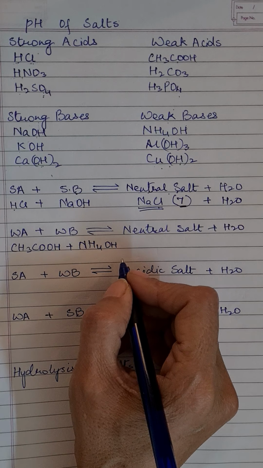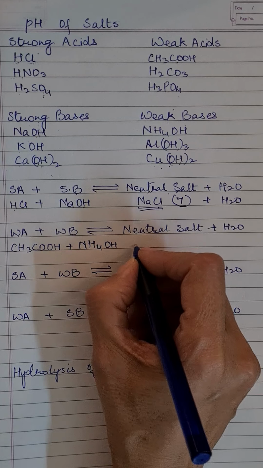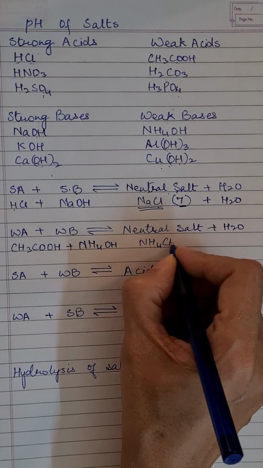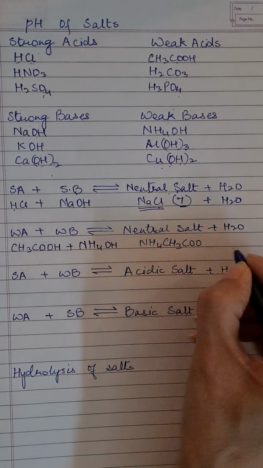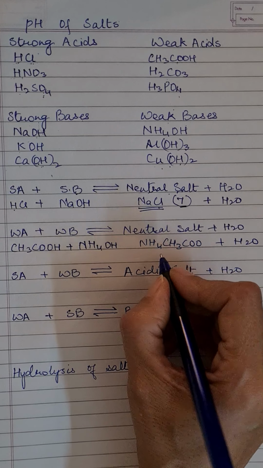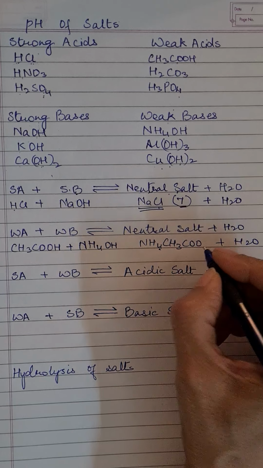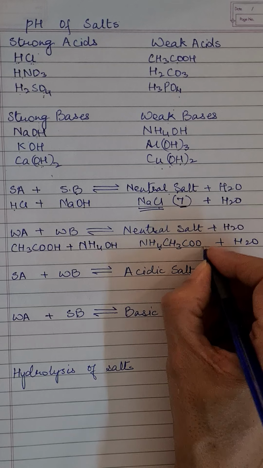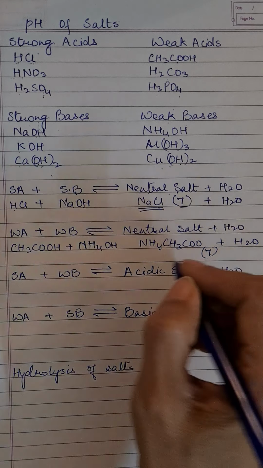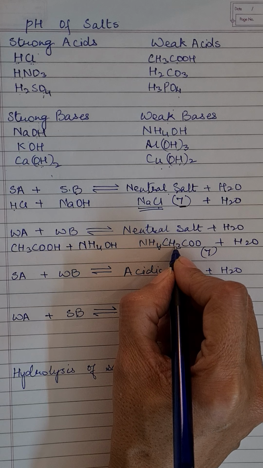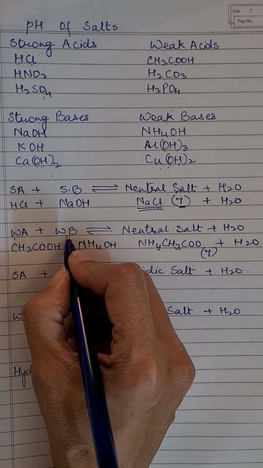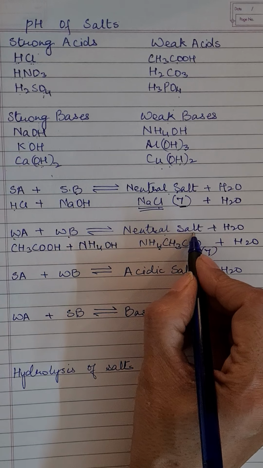This would form a salt, ammonium acetate, NH4CH3COO, along with water. This salt also has a pH value of 7 and hence it is a neutral salt. So a weak acid, when it combines with a weak base, forms a neutral salt.